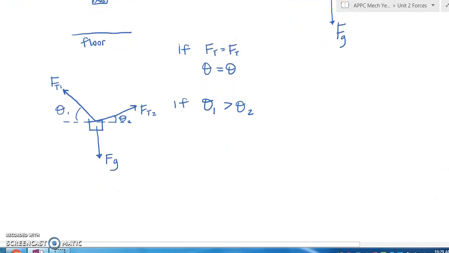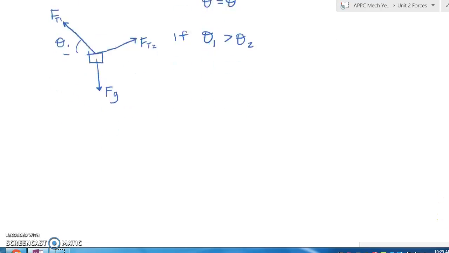What would be true there? What's the relationship between force tension 1 and force tension 2?